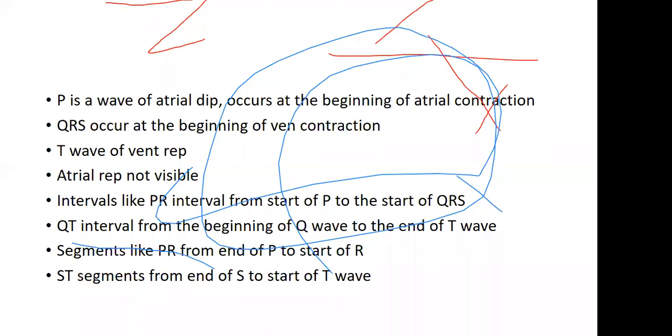Similarly, the ST segment is from the end of the S, when the S wave ends at the isoelectric line at the baseline, and then the T wave has to start. So from the end of the S to the start of the T wave, this is the ST segment, and this is also very important.